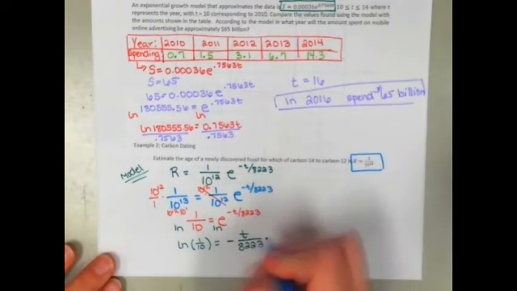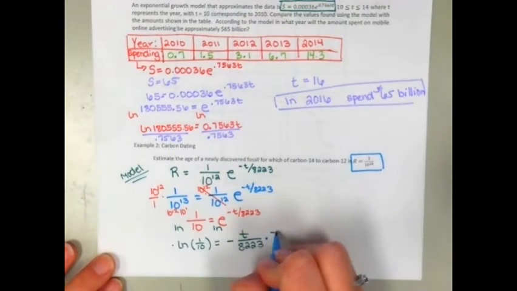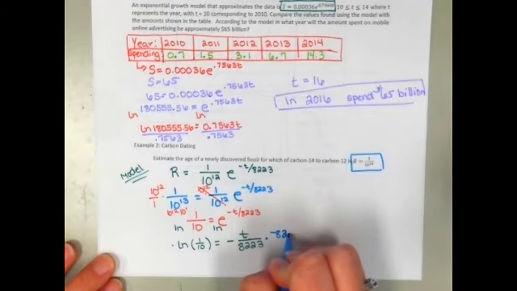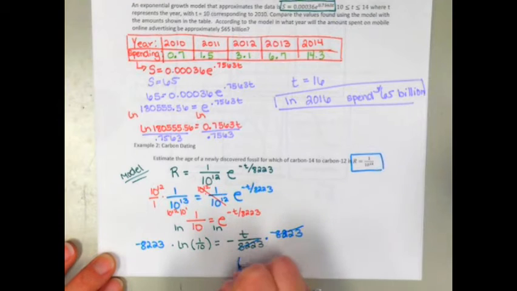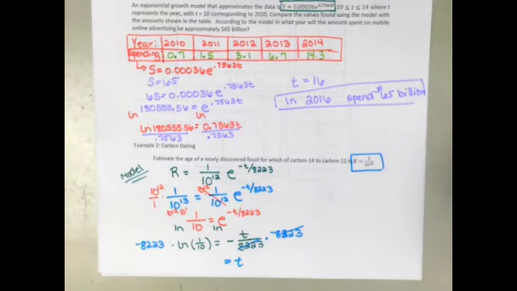Multiply by, can I go ahead and do negative 8,223? Yeah. So those cancel. I have a positive t equals, now what's negative 8,223 times the ln of 1 divided by 10?